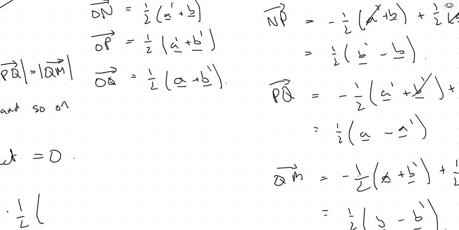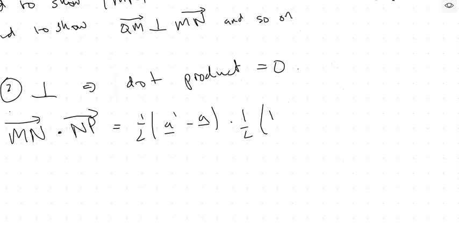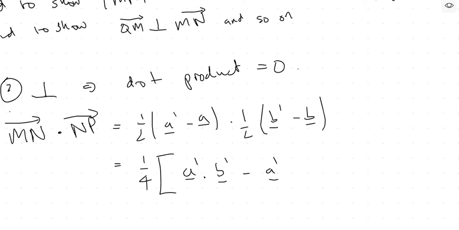NP is B dash minus B. So we get a quarter: A dash dotted with A dash dotted with B dash, minus A dash dot B, minus A dot B dash. These are all dotted. Plus A dotted with B.